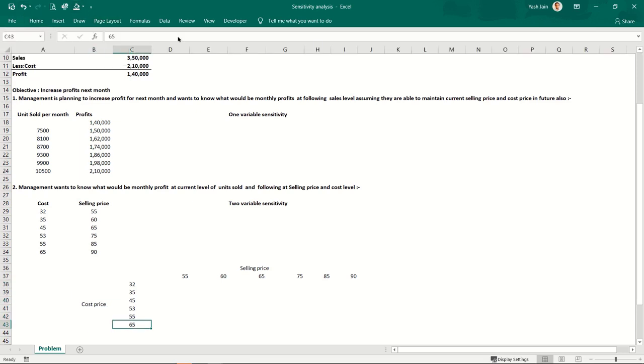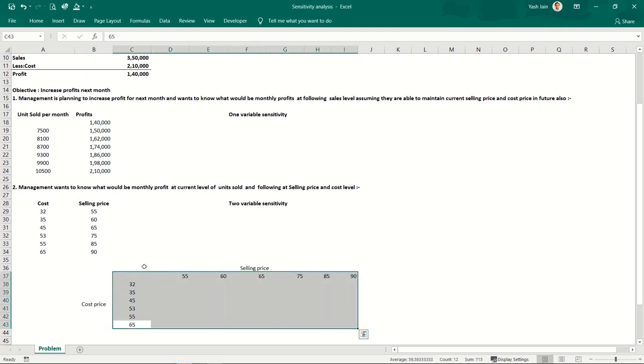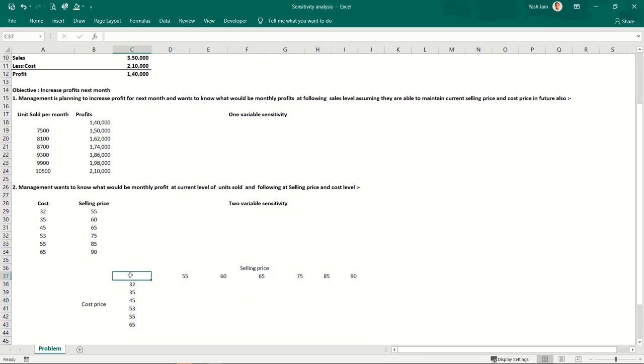Okay, now if you see, I can form a rectangle here, and the apex, the starting point of this rectangle is this cell, an intersection of this vertical data and this horizontal data is this cell. Let me color it, maybe using yellow color.